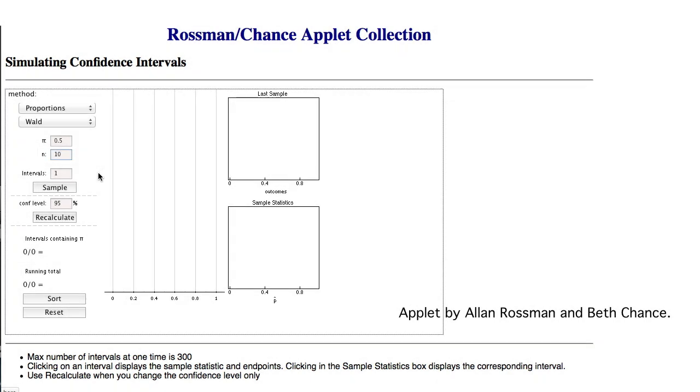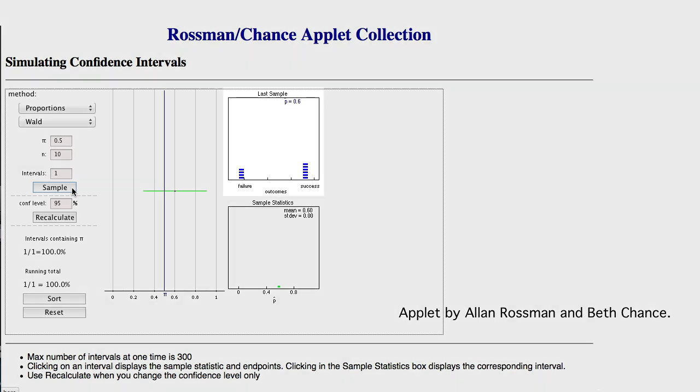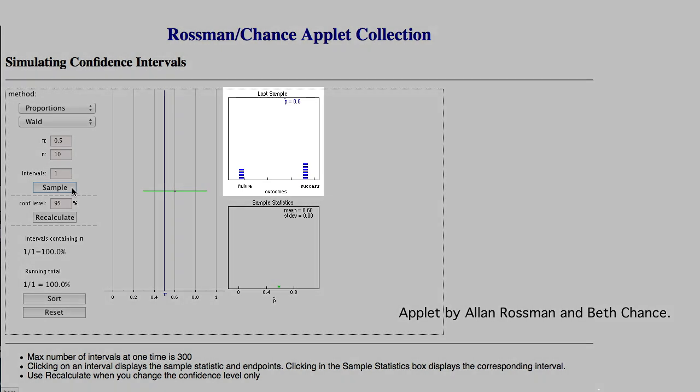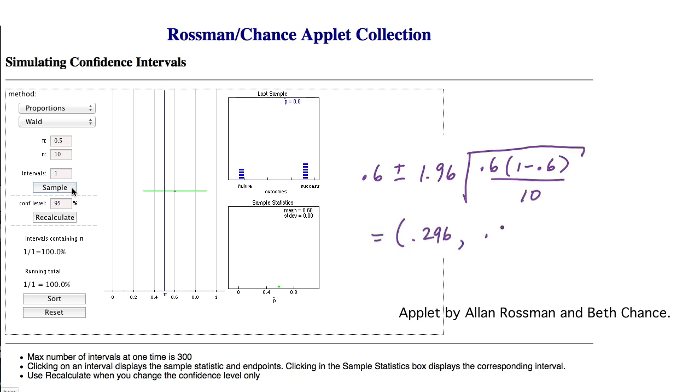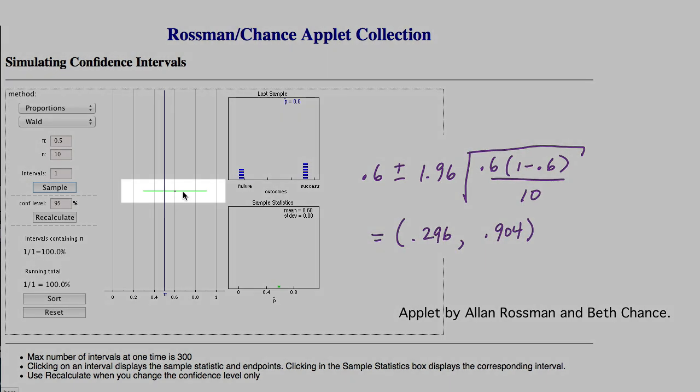Our first random simulation of this gets 6 successes and 4 failures, so p hat, our proportion of successes, is 0.6. We can see the sample we got here in this box showing the 6 successes and 4 failures. Throughout, I'm going to stick with a confidence level of 95%. Using our formula, the confidence interval is from 0.296 to 0.904, as we can see here in the applet.